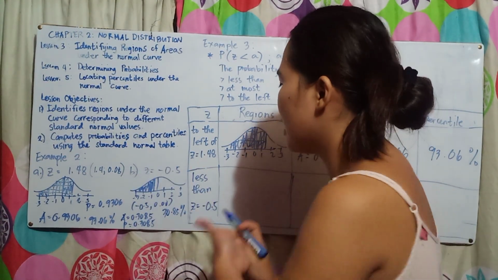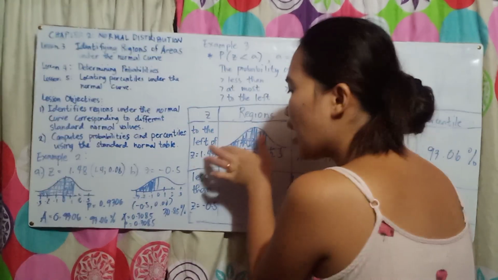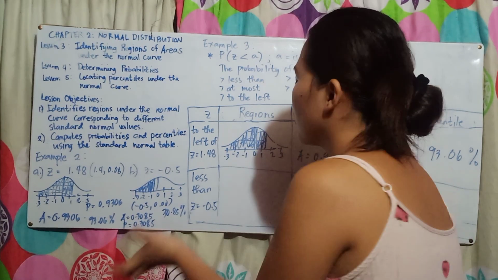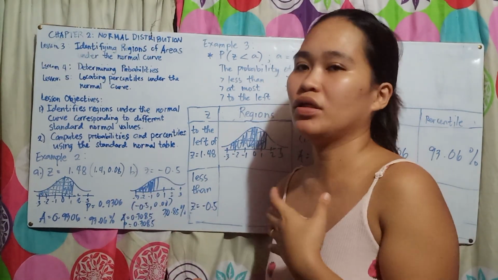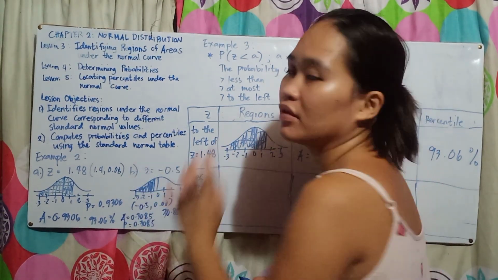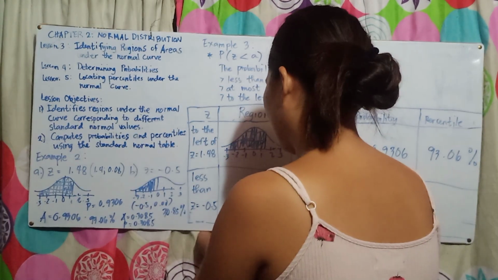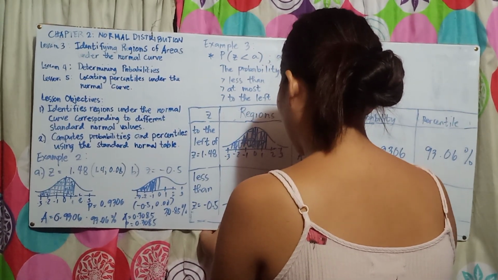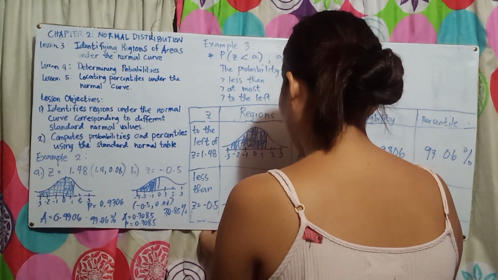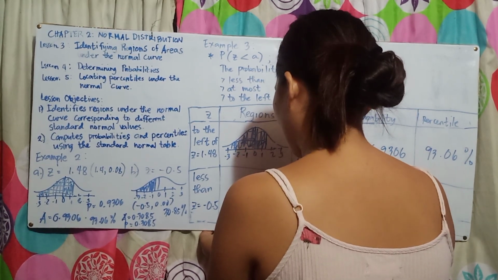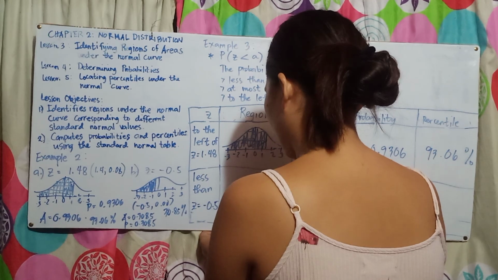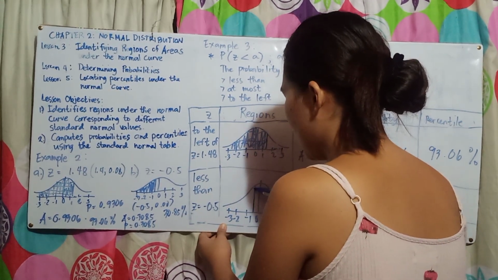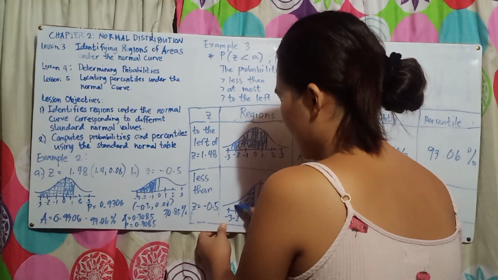Next, less than z equals negative 0.5. It has the same shaded region as the earlier one, so the answer is the same. Negative 0.5 is in between 0 and negative 1.